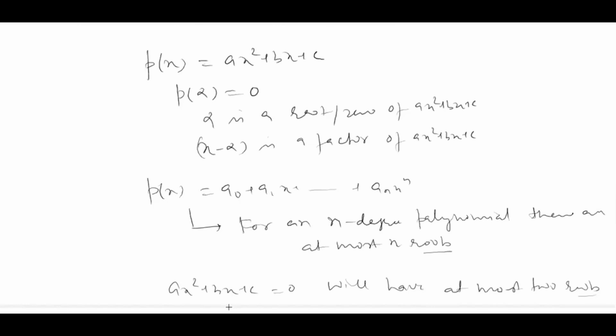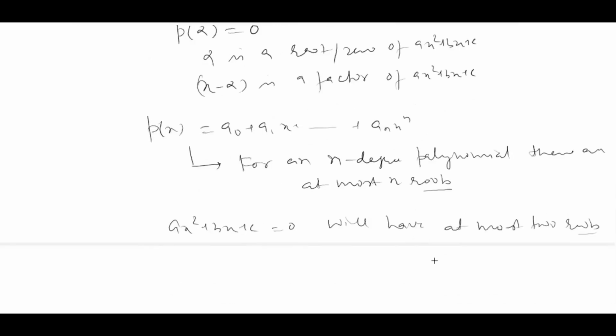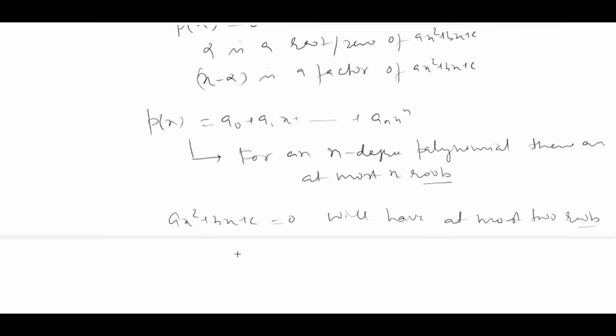So at most two roots means it could have 0 roots, or one root, or two roots. We'll be looking at what it means to have one root, zero roots or two roots.